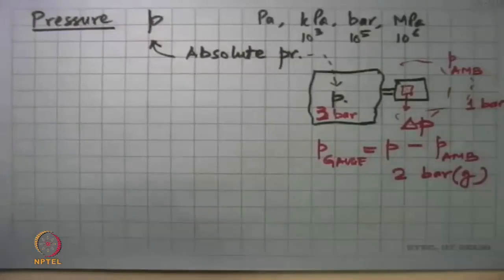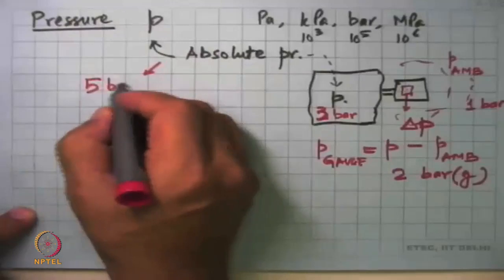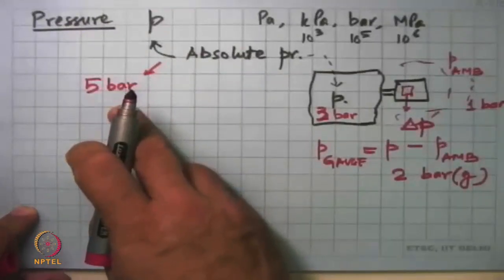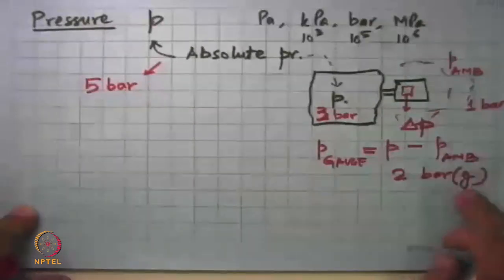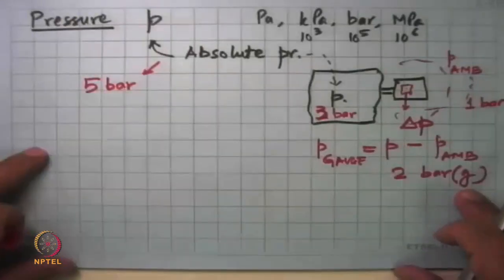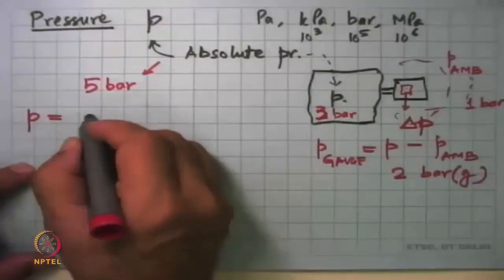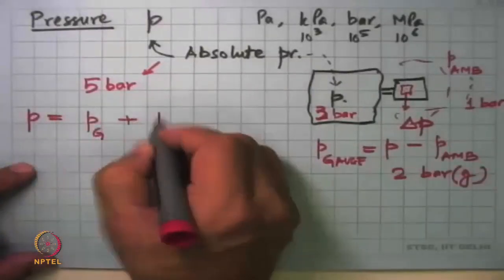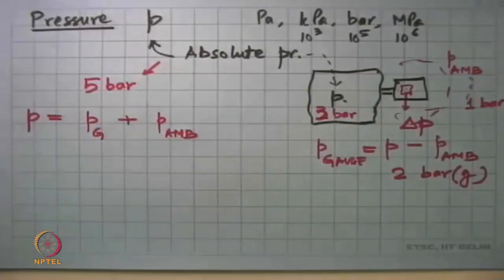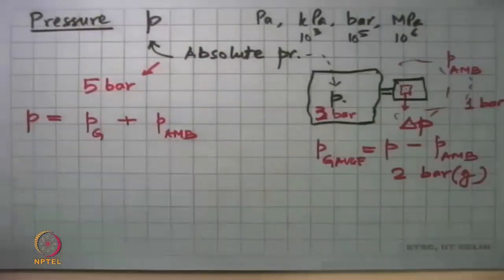And if there is no G, it always means it is an absolute pressure. So if I say 5 bar, the 5 bar is an absolute pressure. If a gauge pressure is given and we want to know the absolute pressure, then we go back here and P is equal to P gauge plus P ambient. And say, look, I know what is the gauge pressure. How do I know what is the ambient pressure?